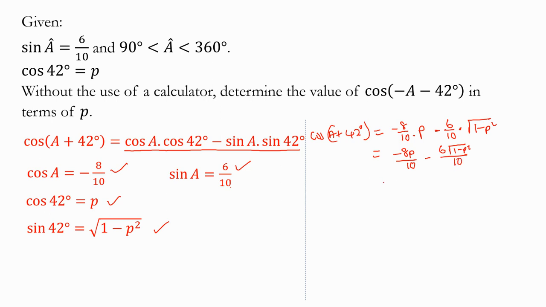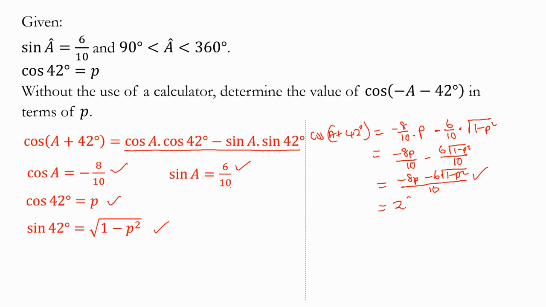The denominators are the same, so we can subtract the numerators. It's just negative 8p minus 6 square root of 1 minus p squared, all over 10. So that's the answer there. Okay, done. But let's say you want to simplify it. You can see there's a common factor between the two terms in the numerator, so we can factor out 2.